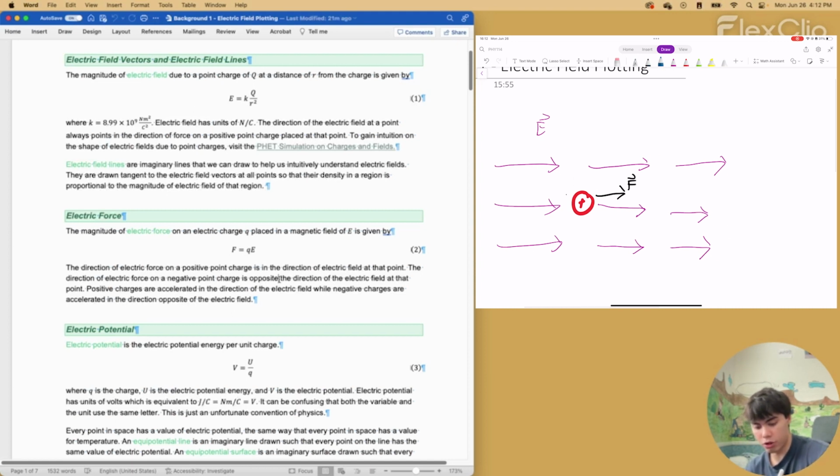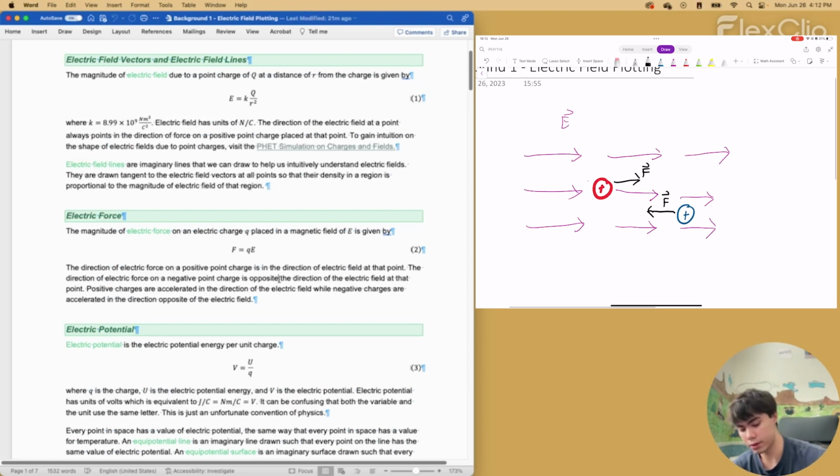If we have an electron in the electric field, it will feel a force opposite the direction of the electric field. And then the magnitude of force is given just straight by this equation.